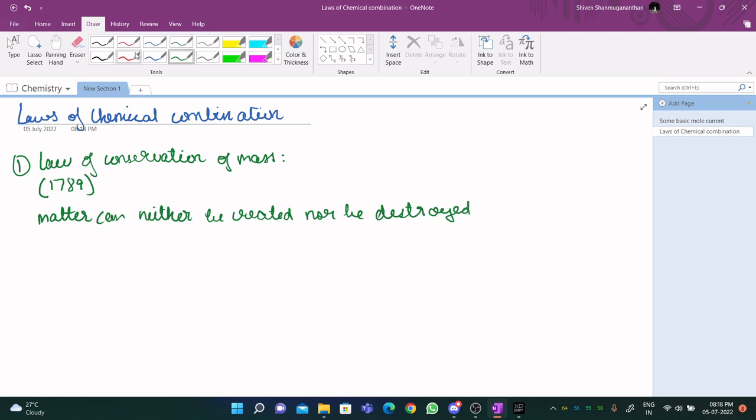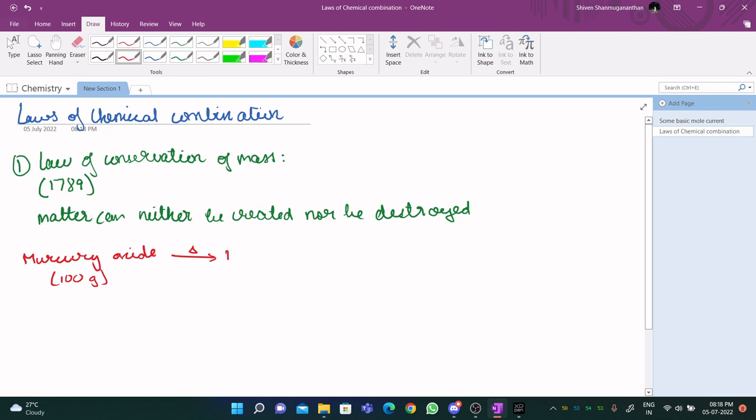Now let's take an example. I am sure all of us understood this, but still we'll take an example. Let's take mercury oxide. If we take 100 grams of mercury oxide and we heat it, we get mercury and oxygen.